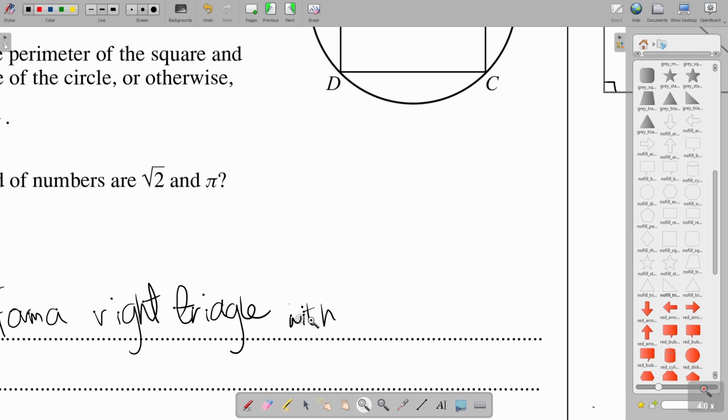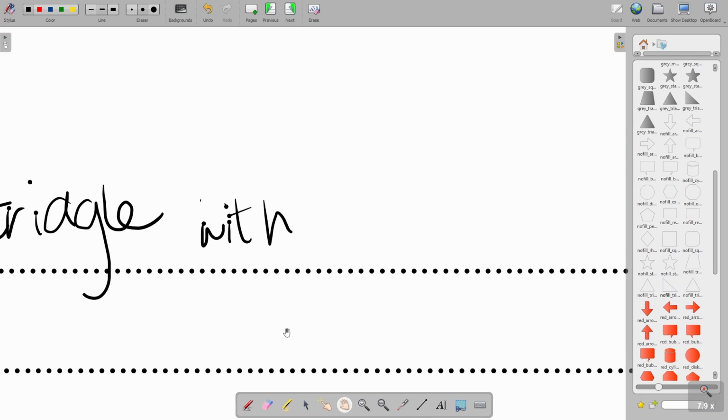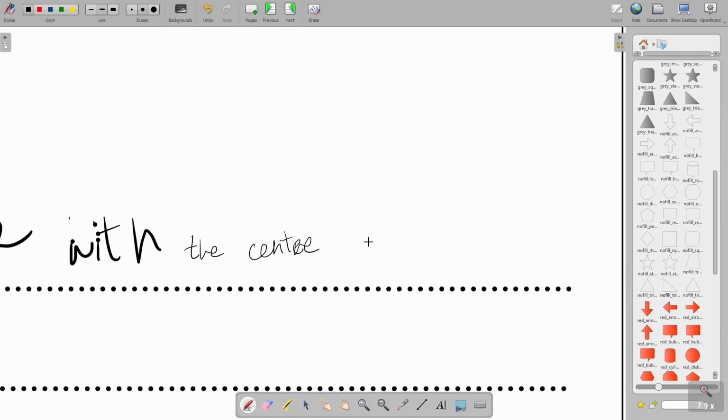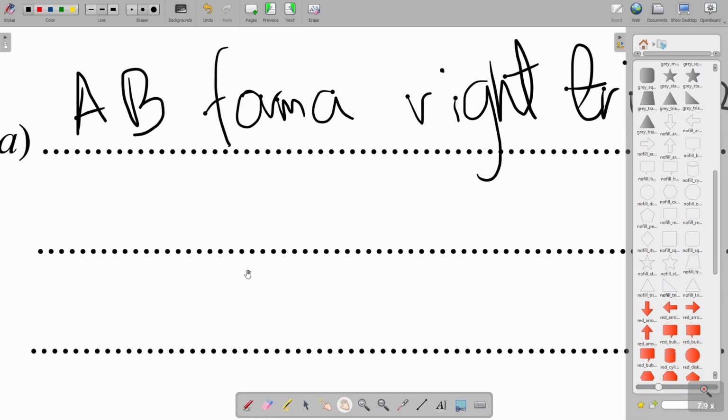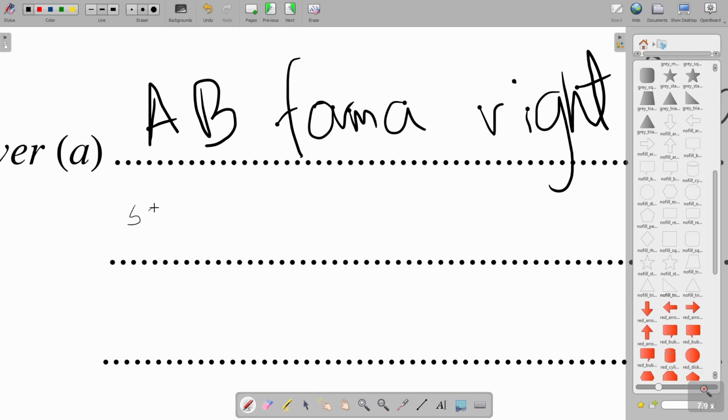I'm also going to zoom in so I don't take up too much space.